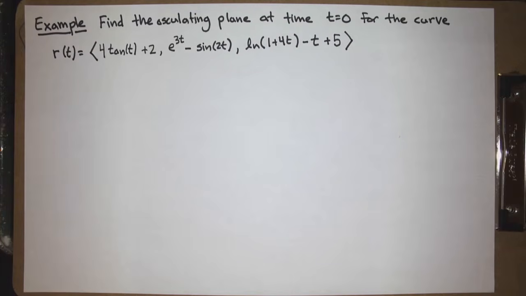So how did people do? I feel like this became an unexpectedly, oh, I have to take derivatives and remember rules, like the chain rule, that's a real thing. So how far did people get? Did you get r prime? I'm not saying you stop there. Okay, good. Did you get to r double prime?